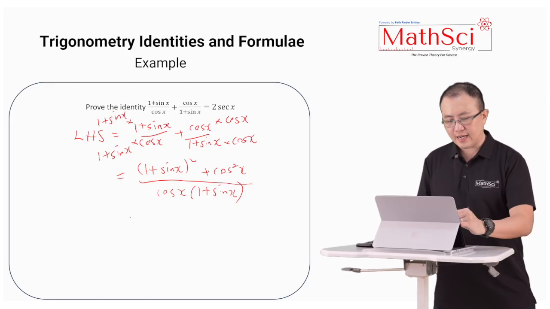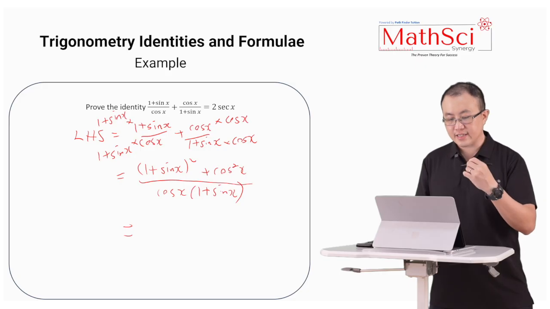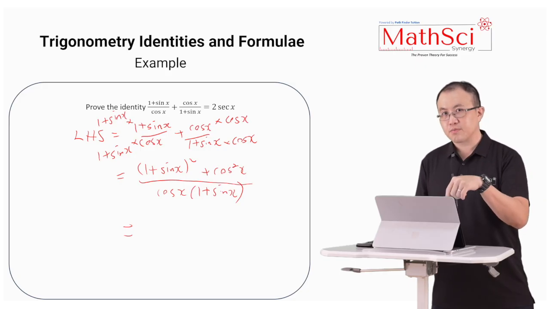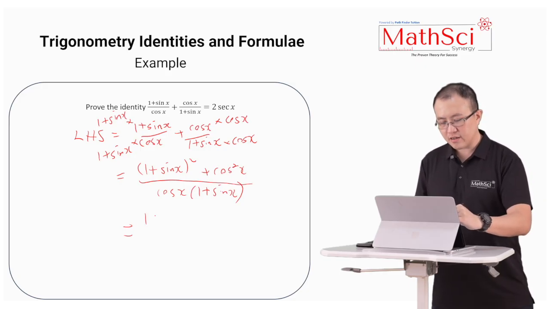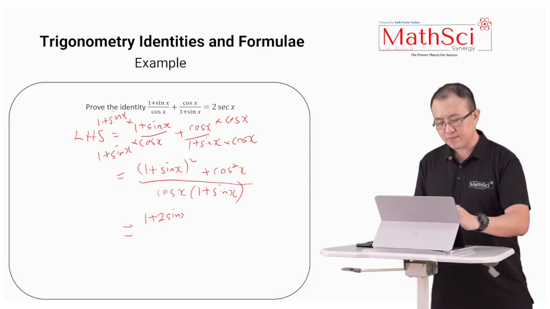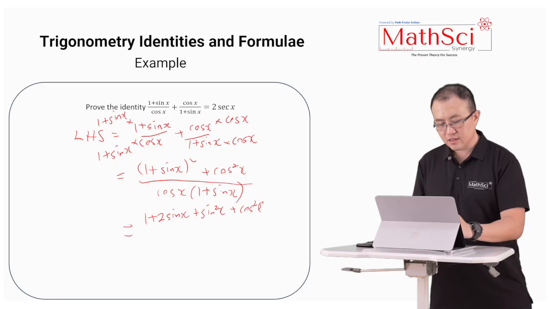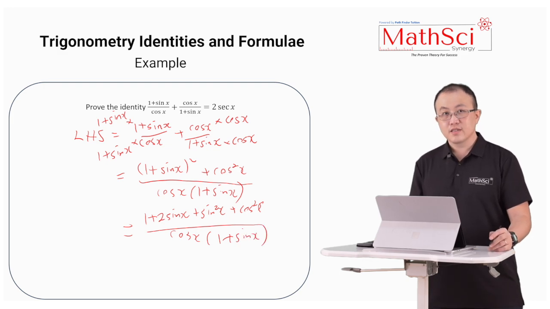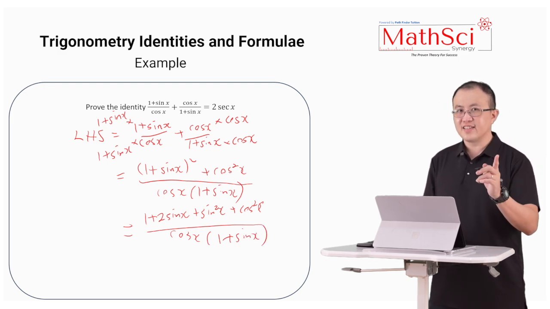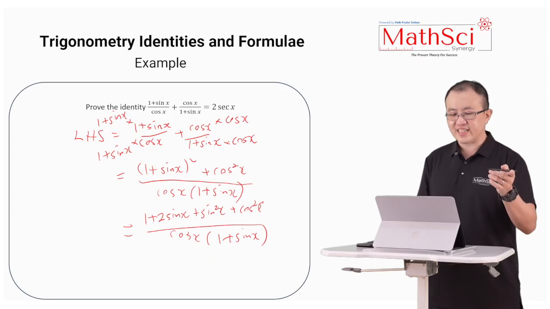Now it's getting a bit simpler. Let me expand the first bracket. So I'll get (1 plus 2 sine x plus sine square x plus cos square x) over cos x (1 plus sine x). Then finally, the Pythagorean identity.